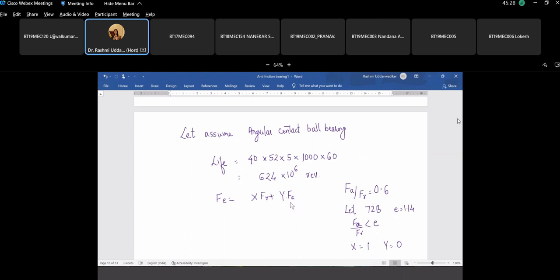And this we have to multiply with the service condition. The service factor says that it is subjected to heavy load. So you get this. Assume 1.5 as the loading condition for heavy load.